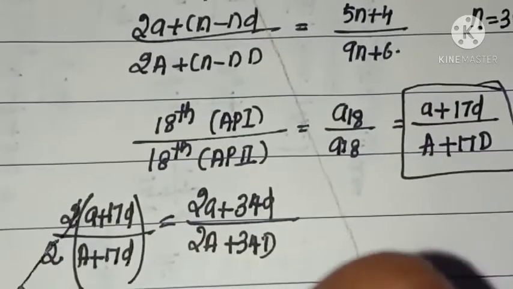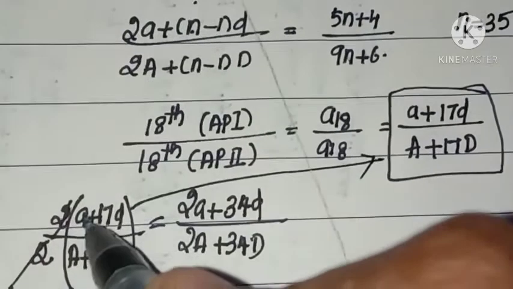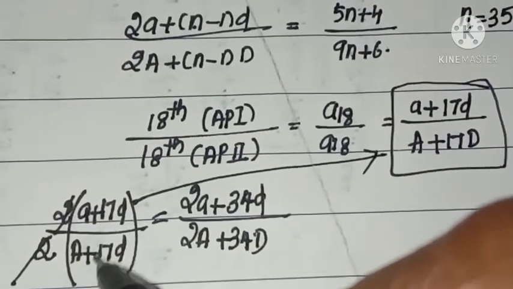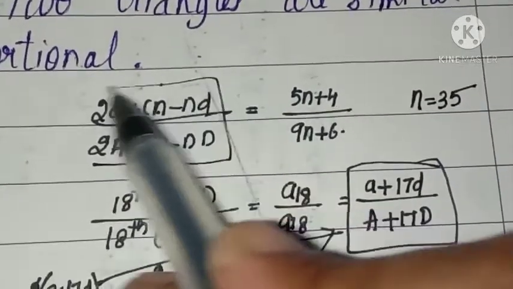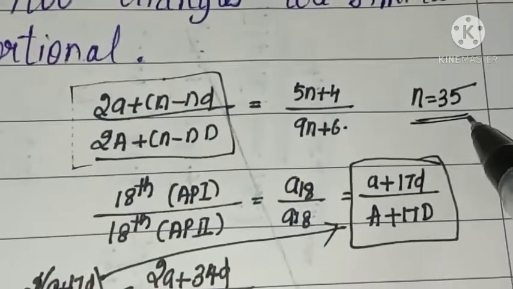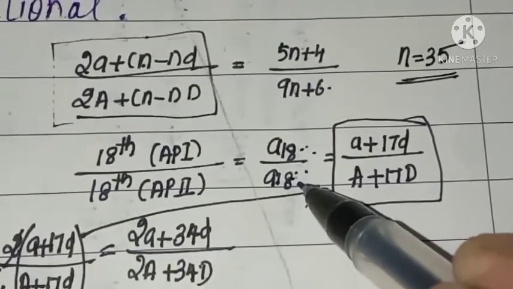So this 2 can be cancelled. So this is same as a plus 17d by A plus 17D. So in this expression, if we put n equal to 35, we get the ratio of 18th terms.